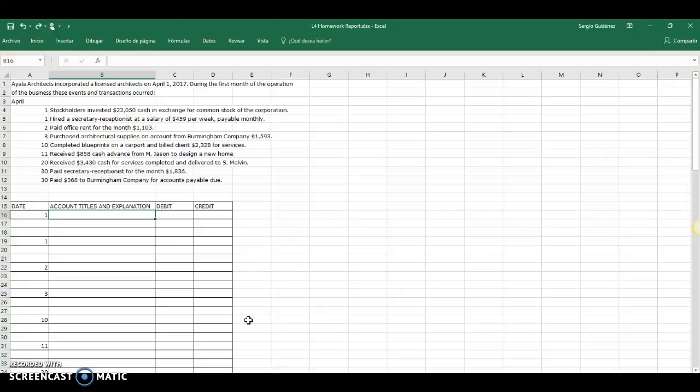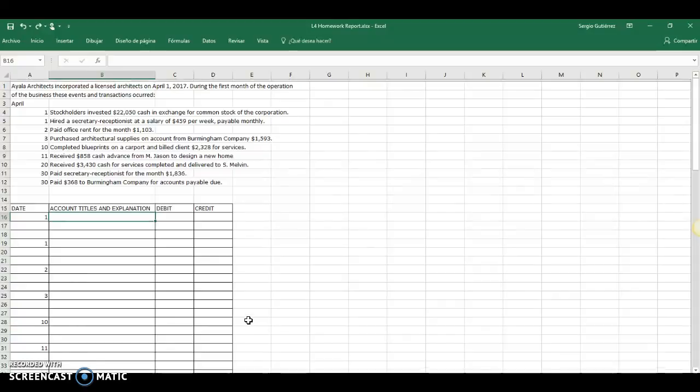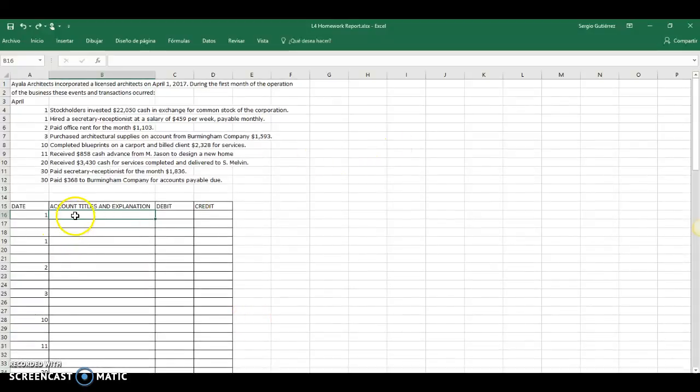So now I am going to show how to do this exercise. First of all, I have to journalize all these transactions of the Agile Architects. Agile Architects incorporated, a licensed architects, on April 1, 2017, and during the first months of the operation of the business, these events and transactions occurred.